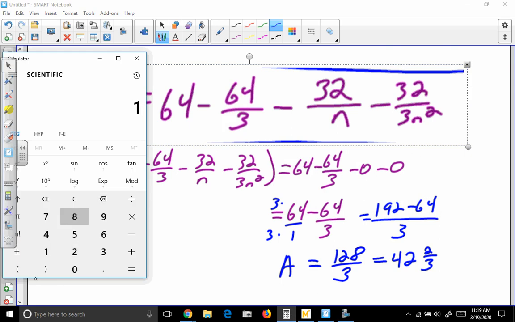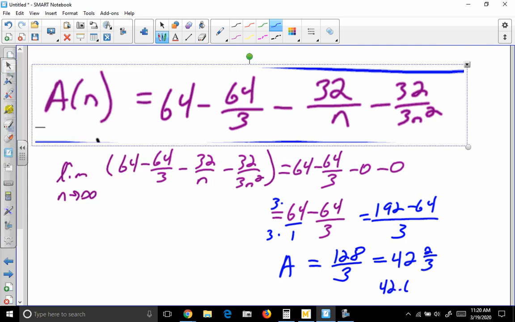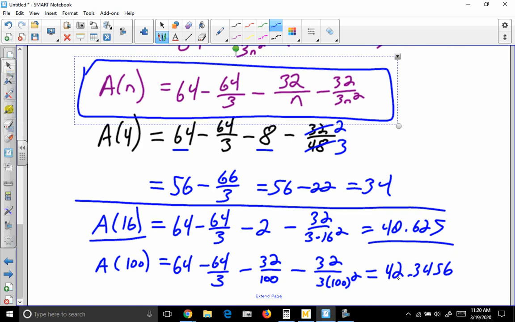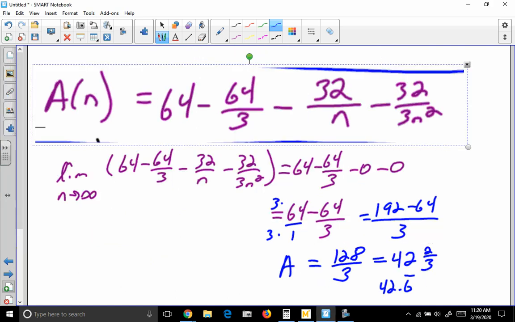We did 128 over 3, 42.6 repeating. So when we put in 100 for the number of rectangles, that was getting us very close. So this is how we can get the exact area under any curve.